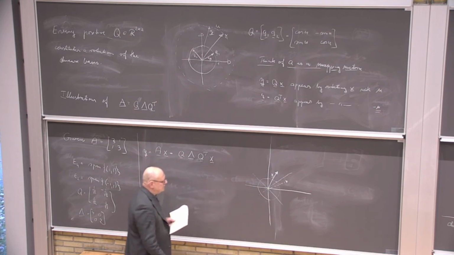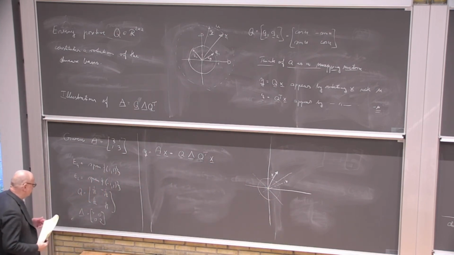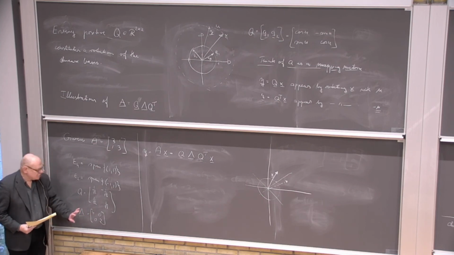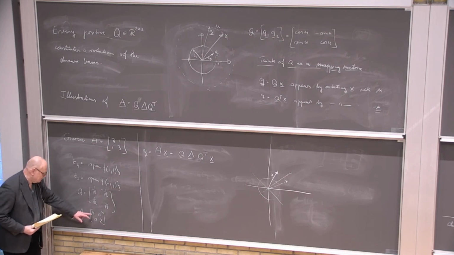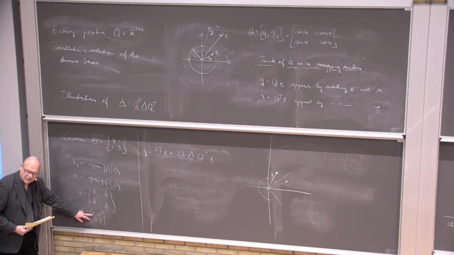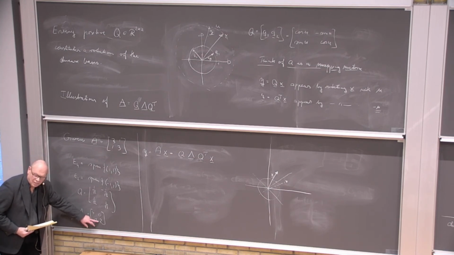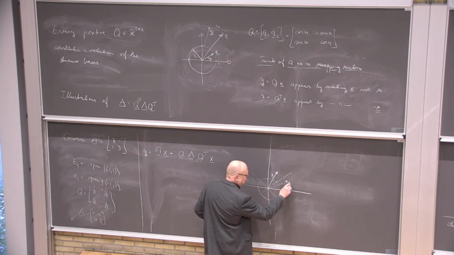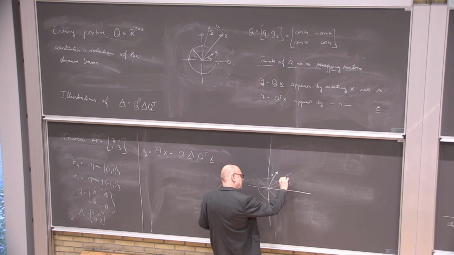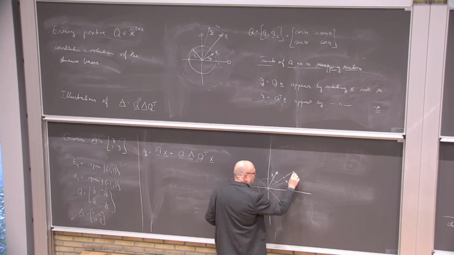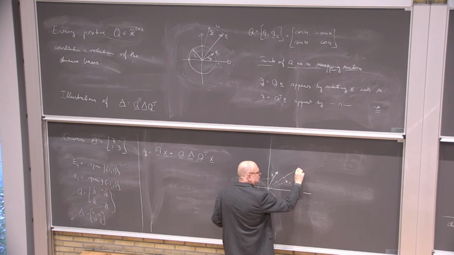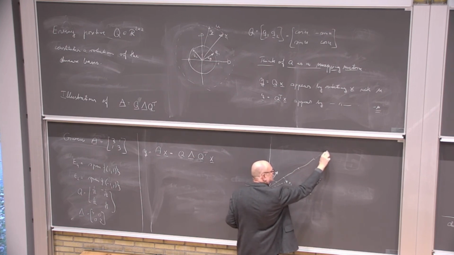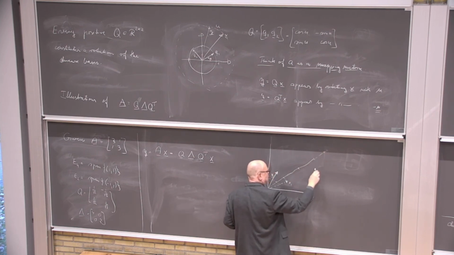So what you do now is that you stretch the coordinates for this vector by 4 in Q1's direction and by 2 in Q2's direction. So let's try to do that. Let's call this x1. And then if you project this, you get the first coordinate here, and then you multiply it by 4. It will be 2, 3, 4.